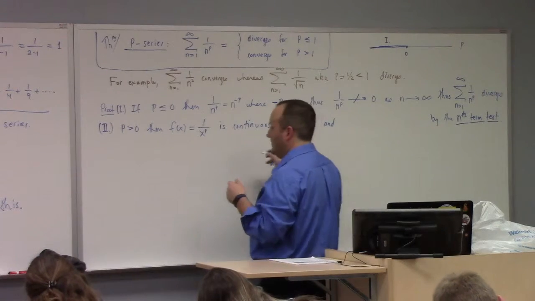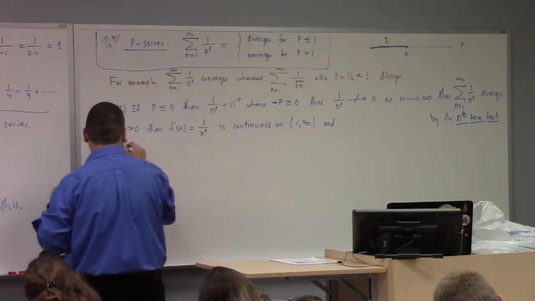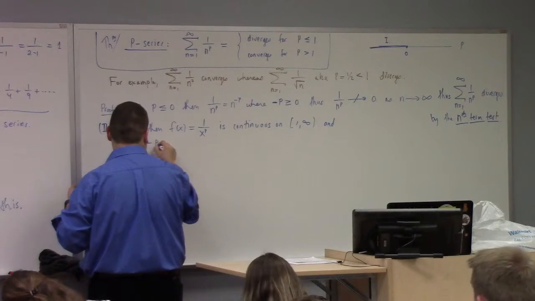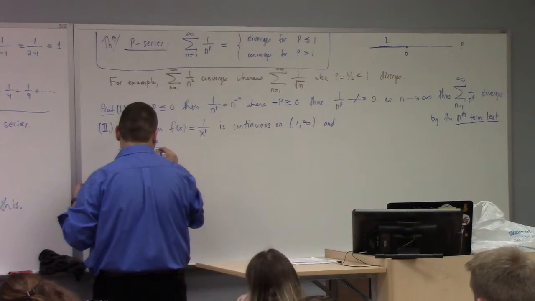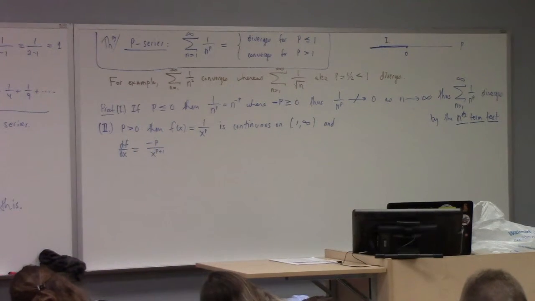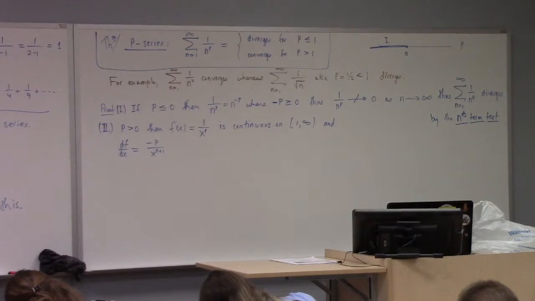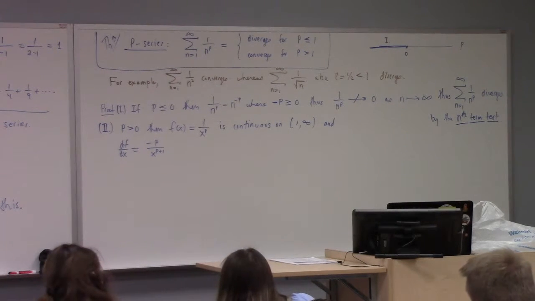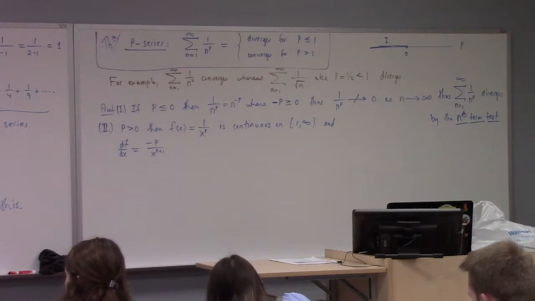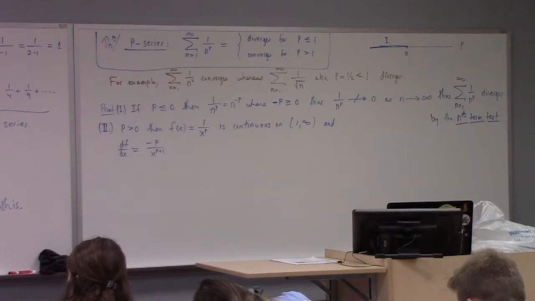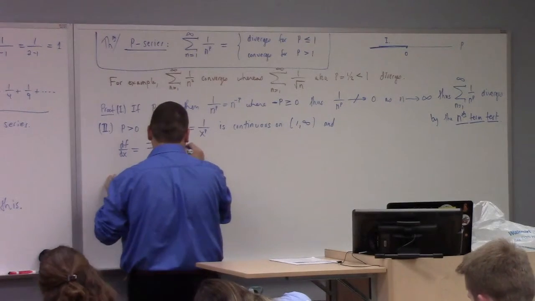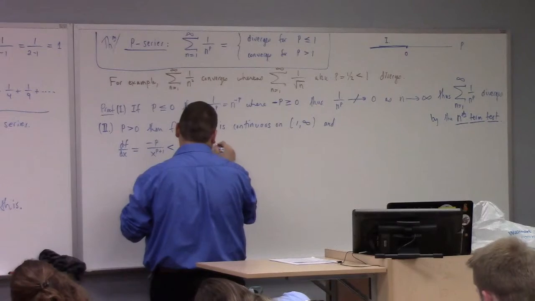What's df dx equal to? df dx is minus p over x to the p plus 1, right? Differentiate the minus p power, we get minus p minus 1, otherwise known as 1 over x to the p plus 1. So that's just the power rule for derivatives, right? And that's less than 0 for x greater than or equal to 1, right?